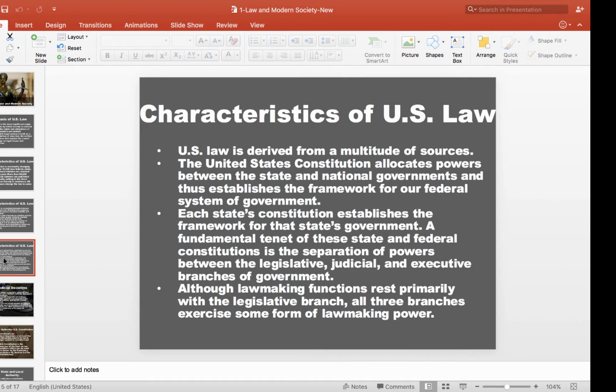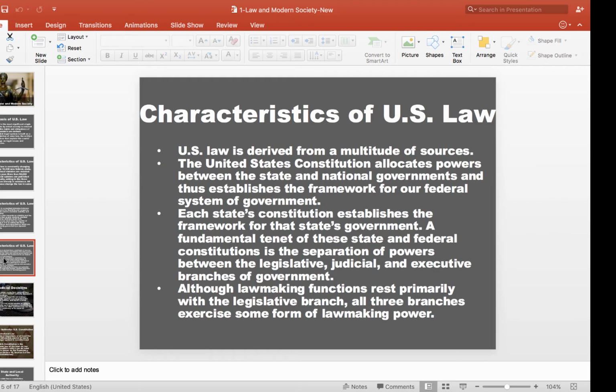U.S. law comes from a variety of sources. The U.S. Constitution allocates powers between the state and the national governments. Each state's constitution establishes the framework for that state's government. A fundamental part of these state and federal constitutions is the separation of powers between the legislative, judicial, and executive branches of government.